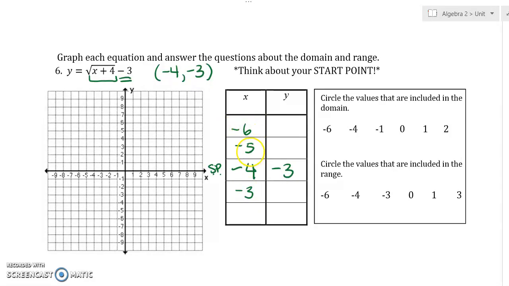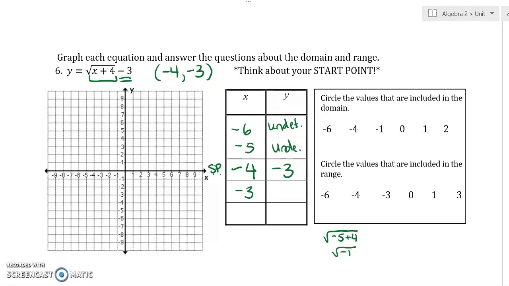Alright, so when I put -5 inside, I get the square root of -5 plus 4, which is the square root of -1, so I'm already at an undefined here. And I know that if one section is undefined, that whole section is going to be undefined on one side. So one side will be undefined, the other side will actually have values.